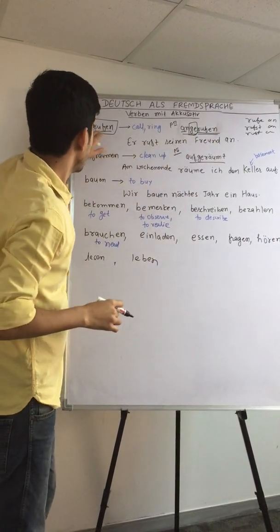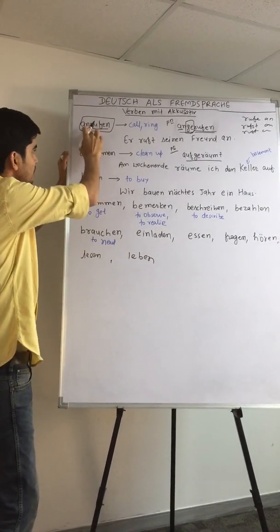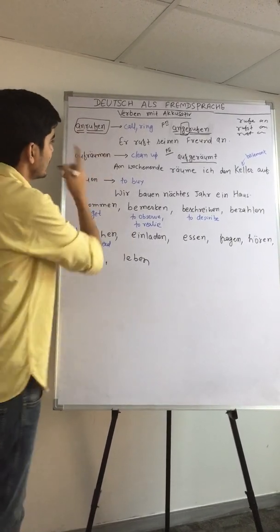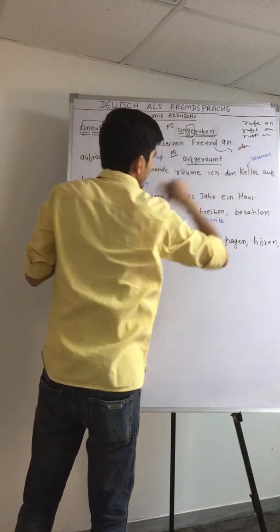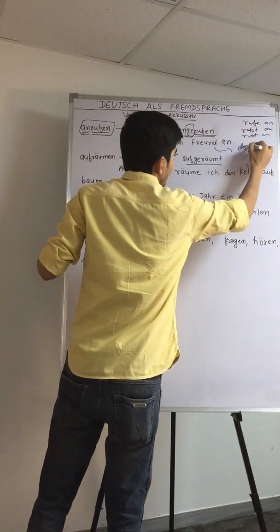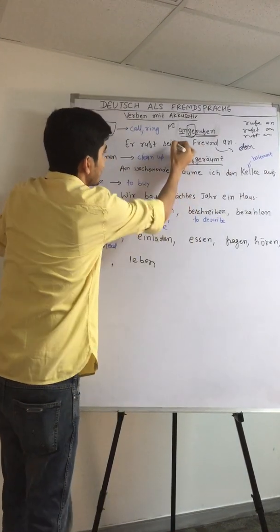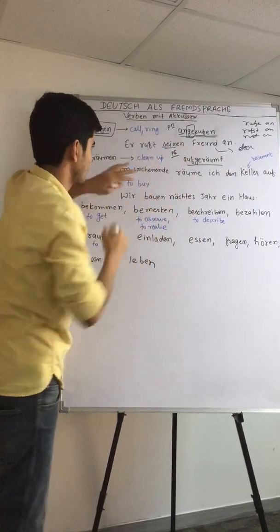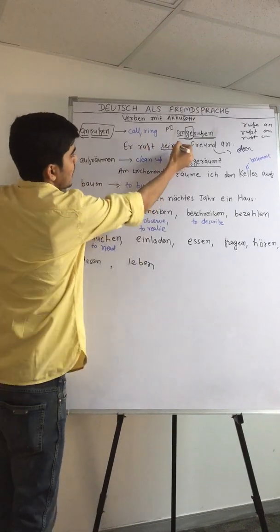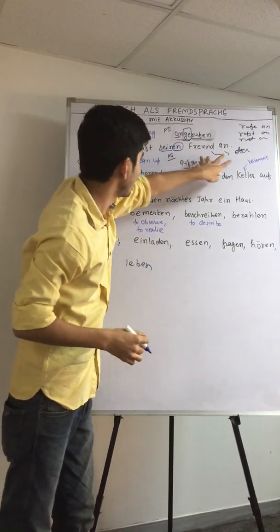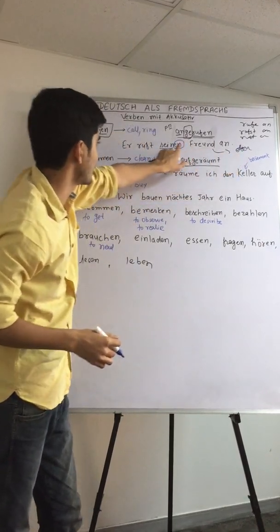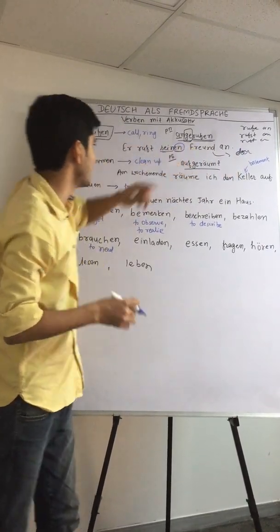Because the verb anrufen demands the accusative case, that's why ruft seinen Freund. Freund is der Freund, the article is der. That's why sein, which is his, gets the ending en because der changes to den in the accusative. That's why sein becomes seinen.